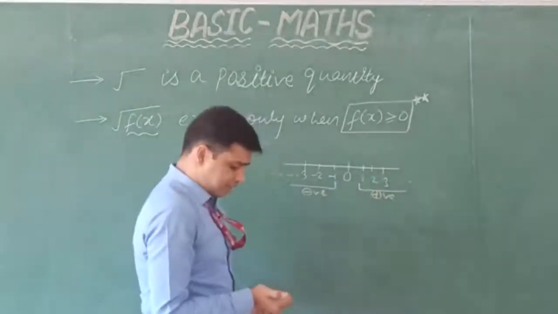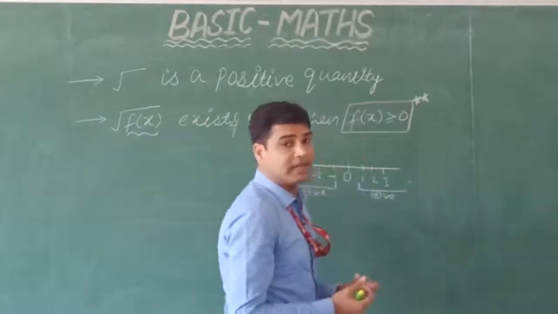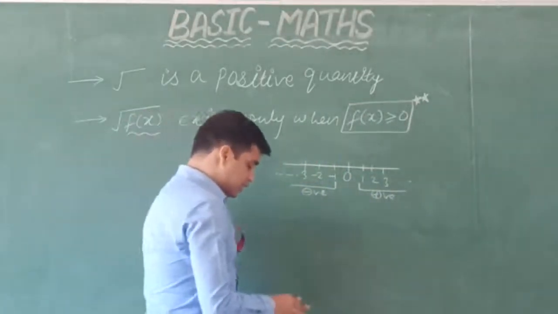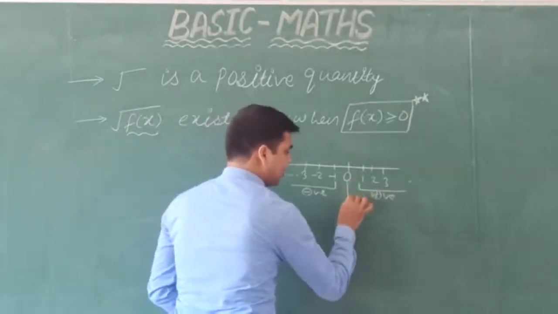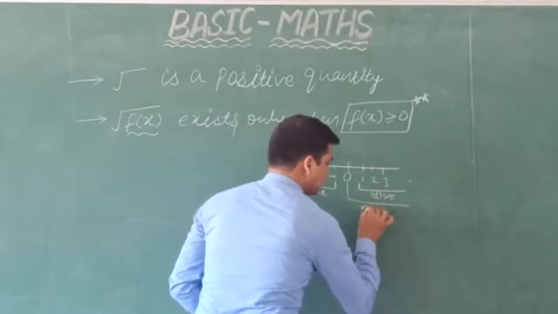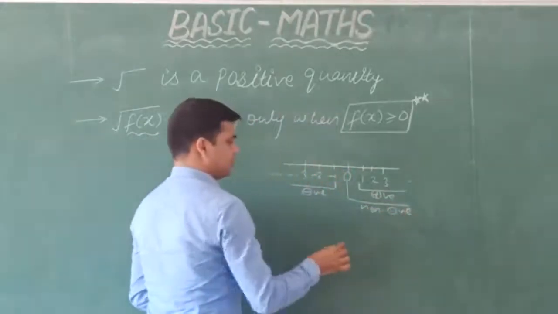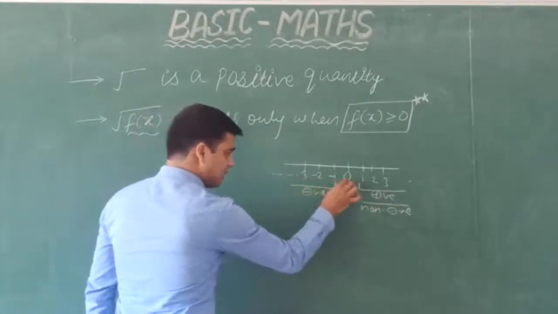Now the thing is how to identify non-negative and non-positive, meaning what is the main difference between them. See this here. If you include this 0 in the positive numbers, it will become non-negative. If you include this 0 in the negative numbers, it will become non-positive.